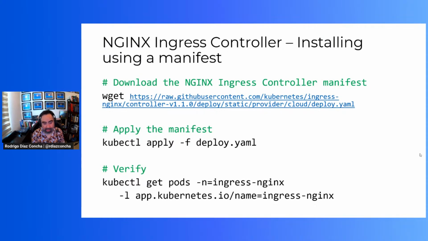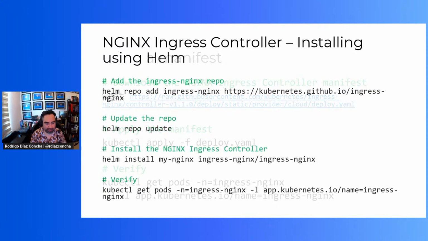Okay, and of course, this is the instructions for Nginx Ingress controller. The other Ingress controllers will have different instructions, okay? So you have to follow the particular Ingress controller instructions for installing and verifying.